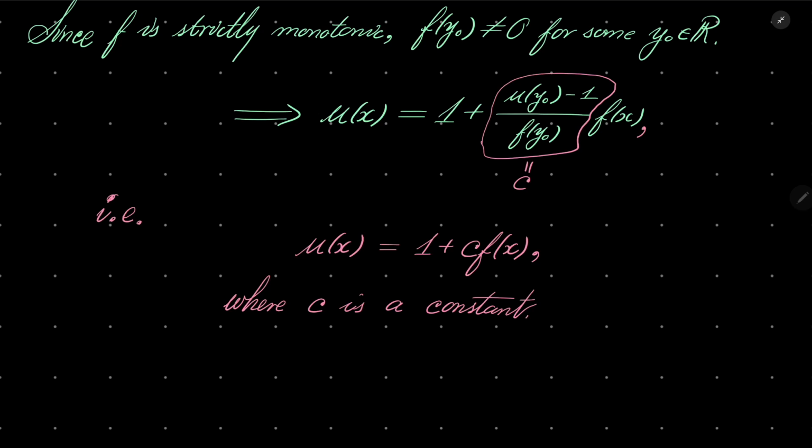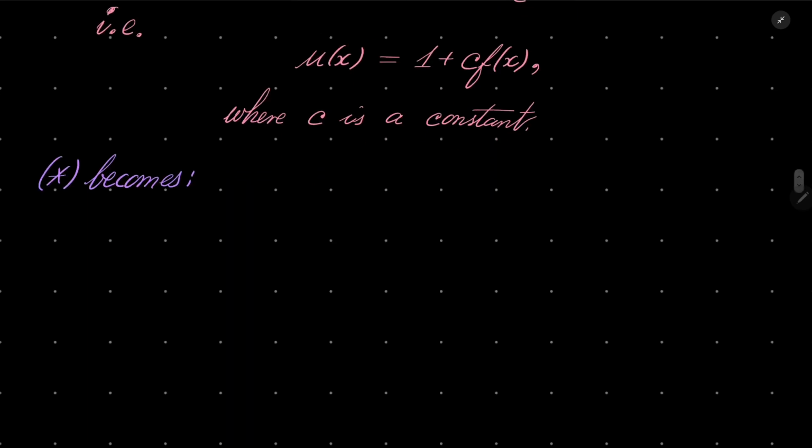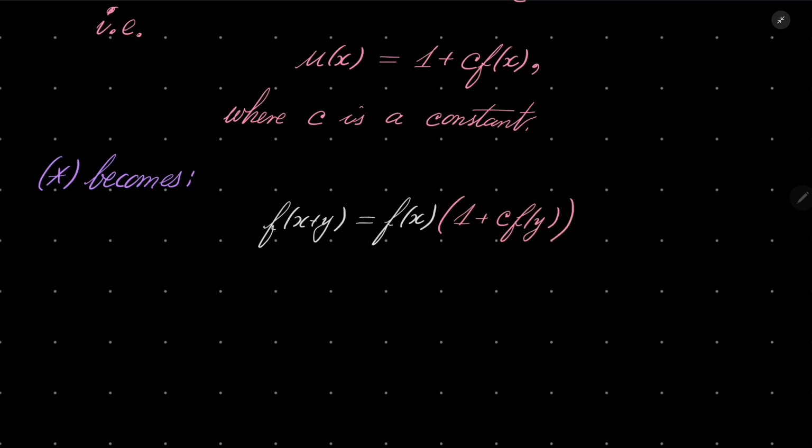Alright, and now I will set this function back in our original equation. So equation asterisk becomes: on the left-hand side, we have f of x plus y, and on the right-hand side, we have f of x times u of y, but instead of u of y, we can put 1 plus c times f of y, plus f of y.